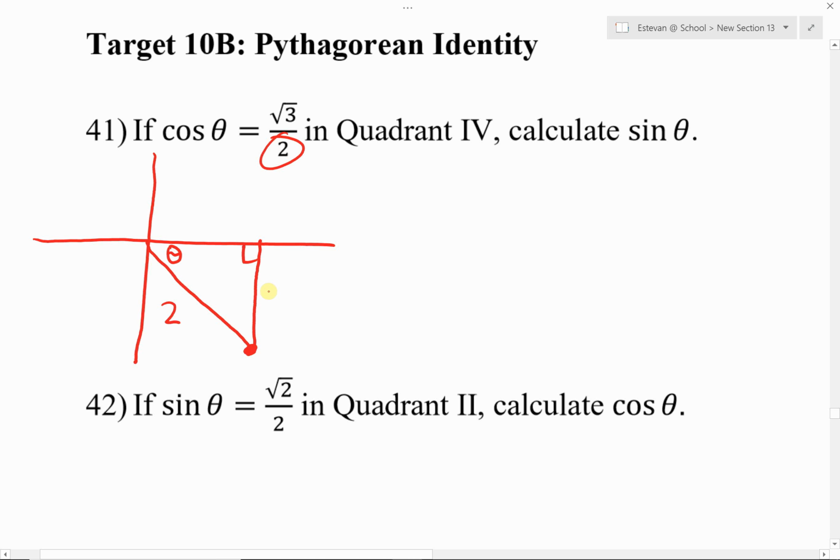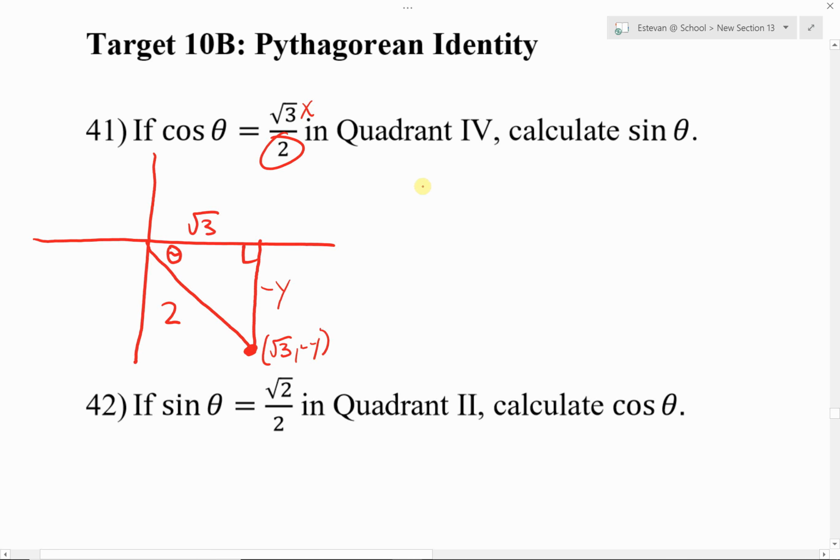Here it's a mystery, so I'll call that one negative y because we're going down. To be specific, that point will be square root of 3, because this is my adjacent, also known as x, comma, negative y. We don't know what negative y is, so we need to figure that out. To do so, Pythagorean theorem. Oh, by the way, I forgot, this is square root of 3 here.